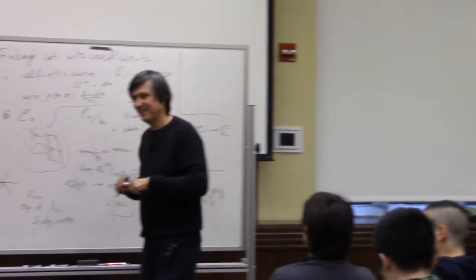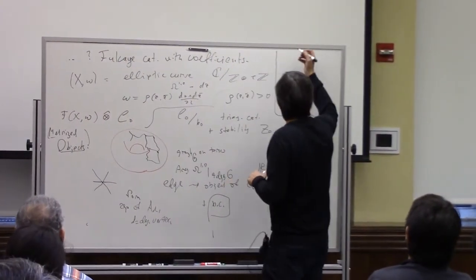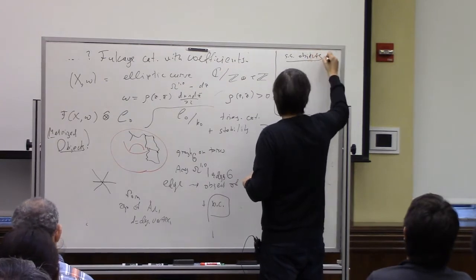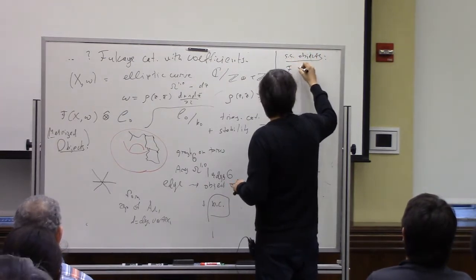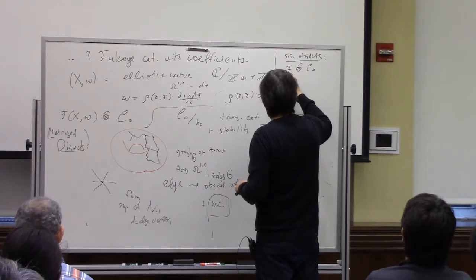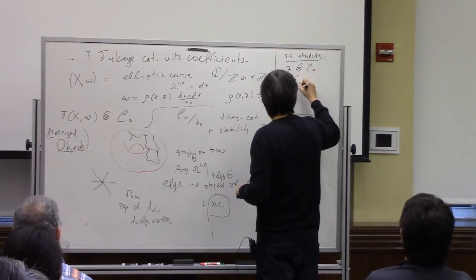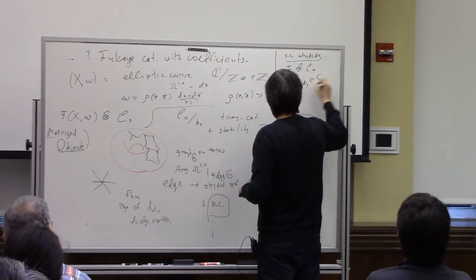So the object on H is not semi-stable. No, nothing is semi-stable. And the semi-stable objects in this tensor category will be the following. First of all, the objects will be semi-stable. The object on H belongs to the semi-stable.